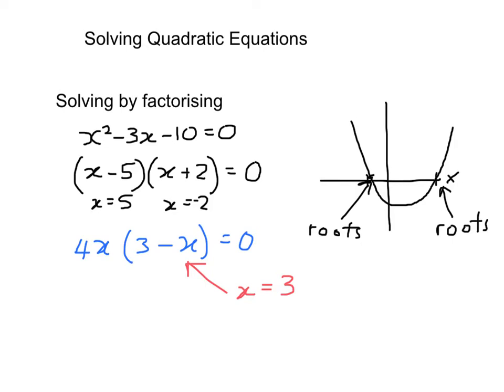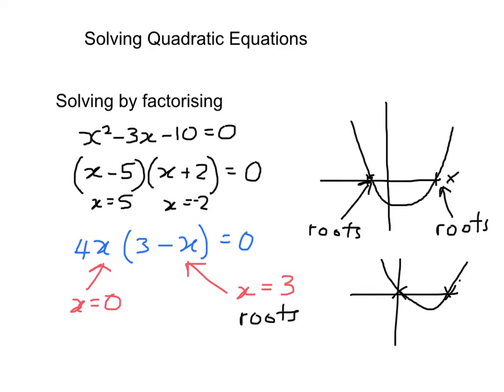Or we can make the 4x outside the bracket 0, so x equals 0. Those are our two solutions. In this case, at x equals 0 and x equals 3, the parabola is going to cut the x-axis. So these are our roots, or our solutions to the equation.